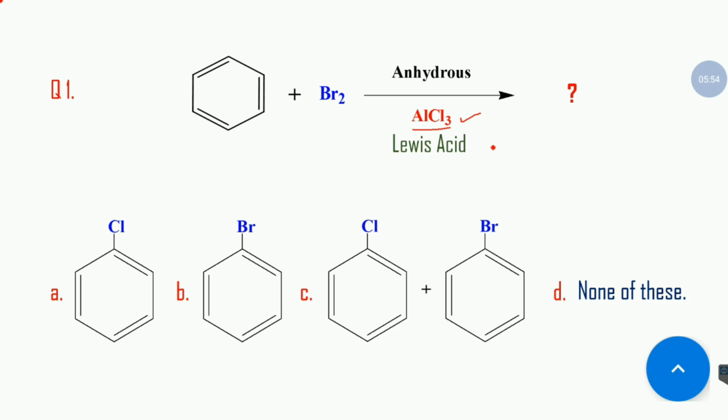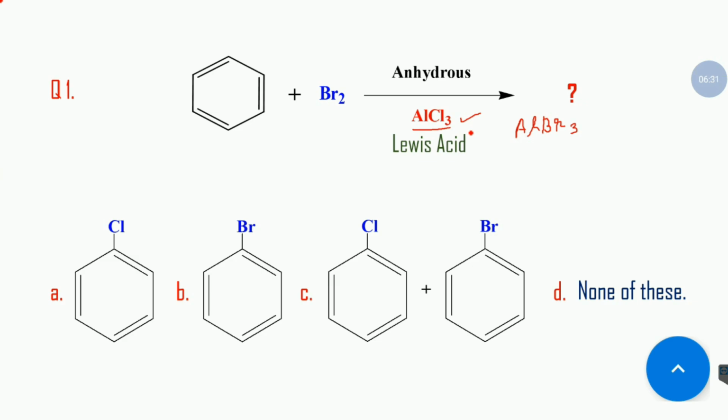This is also easy if I use AlBr3 instead of this AlCl3, right? Now you know that this Lewis acid acts as a catalyst which can speed up the reaction, but it remains unchanged at the end of the reaction.